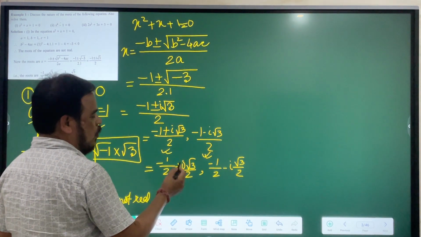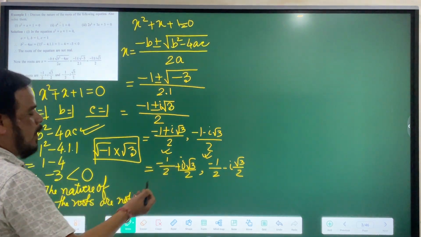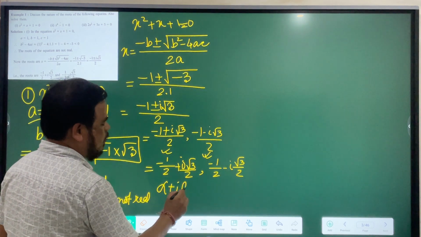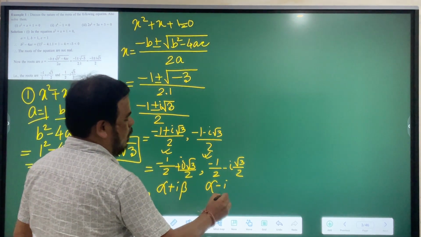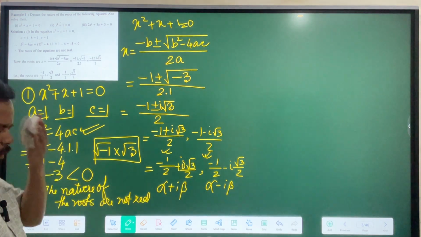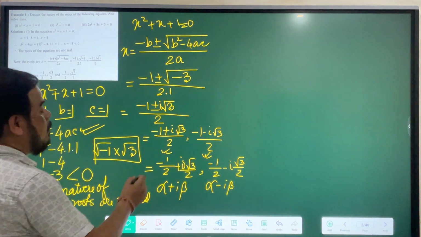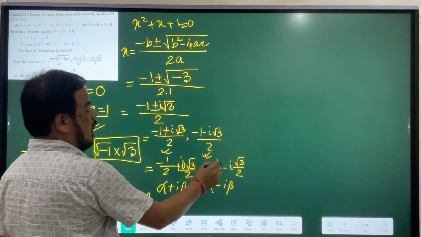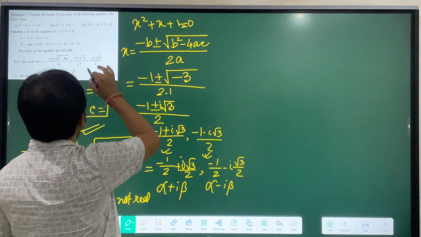This way also if you write, no problem. You can write any way. But better you write in the form of alpha plus i beta and alpha minus i beta. This formation is better to write as answer. So what is the answer? Minus half plus i root 3 by 2, minus half minus i root 3 by 2. This is the answer.